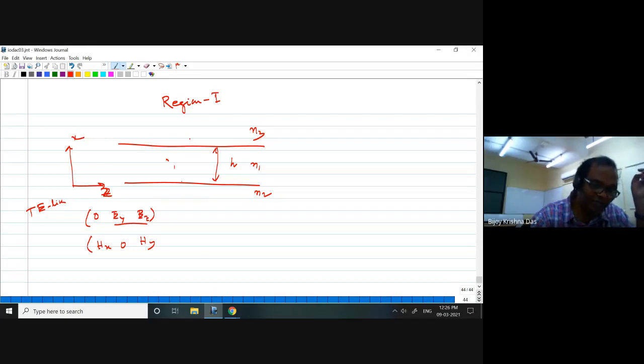So with the electric field in the YZ plane, at both this interface and this interface the electric field is tangential, right? Yes, sir. Okay. So that means I can easily consider the boundary condition like a TE-like mode. If I am trying to confine in this region, I can consider a TE mode solution. So here I can use our TE solution for the 1D waveguide.